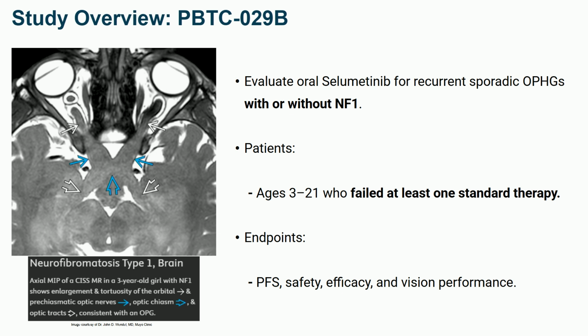And right here, I wanted to show you on the optic pathway NF1, what he called the bubble braid look when you're looking at those MRIs. This is a very classic case of the NF1, and when radiologists see this, the first thing they do is call one of you to discuss next steps for this type of patient.